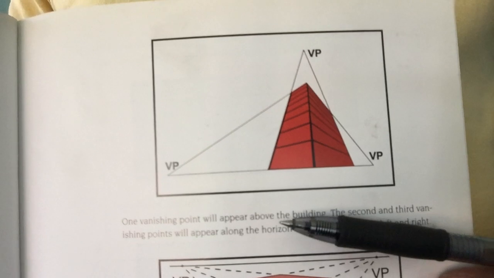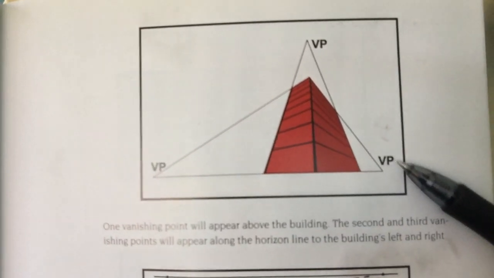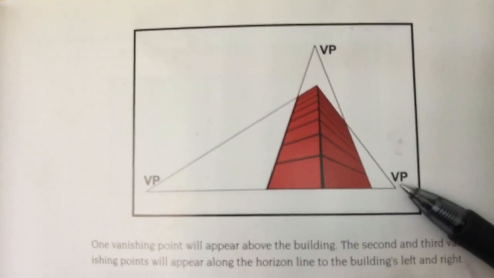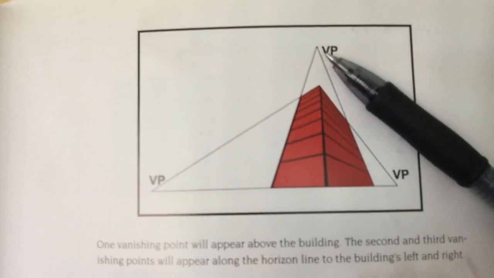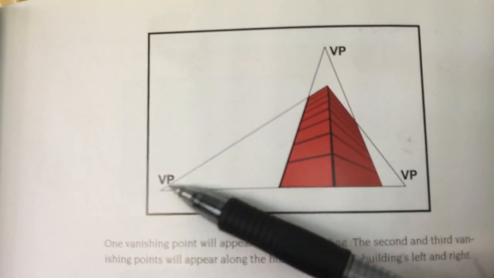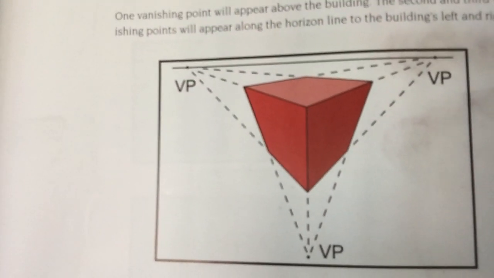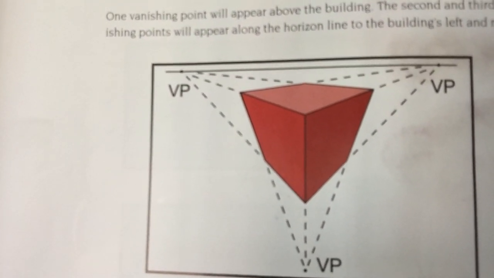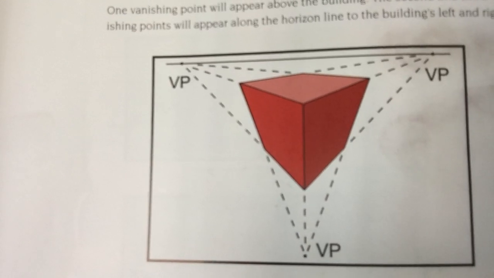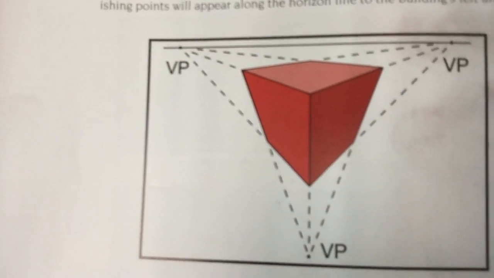Now I know what you're thinking. Oh, if it's possible to have 1 point and 2 point, yes, it's possible to have 3-point perspective. This is 3-point perspective. 1, 2, and 3. And here's another example of 3-point perspective.